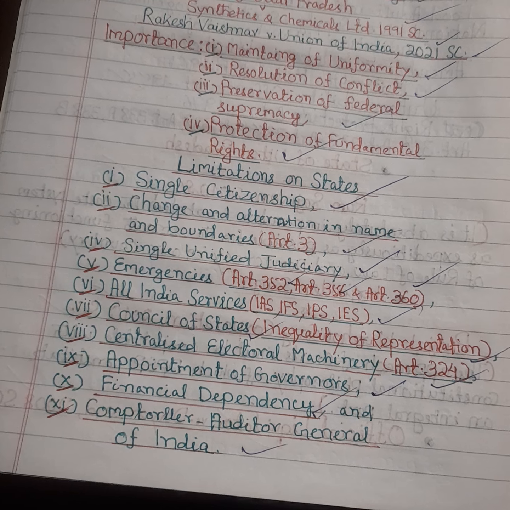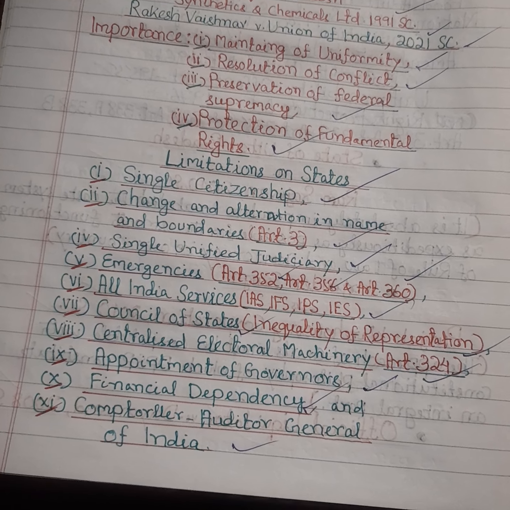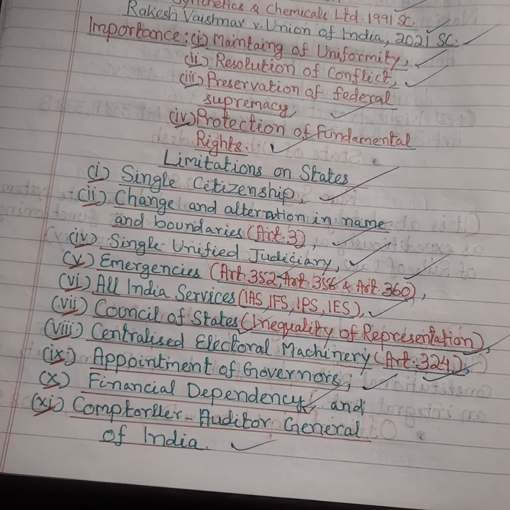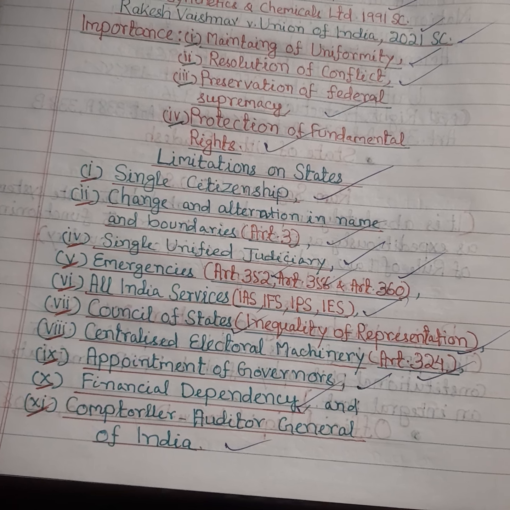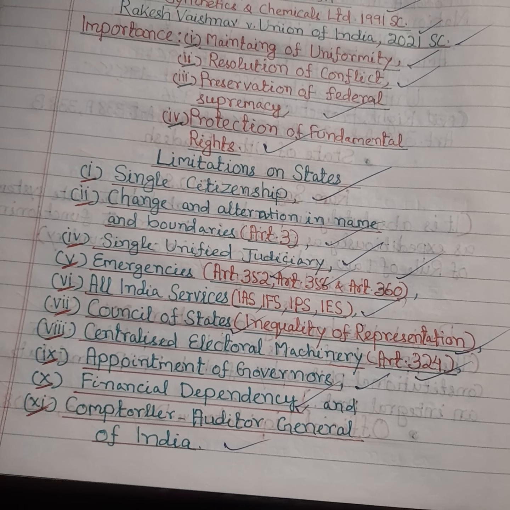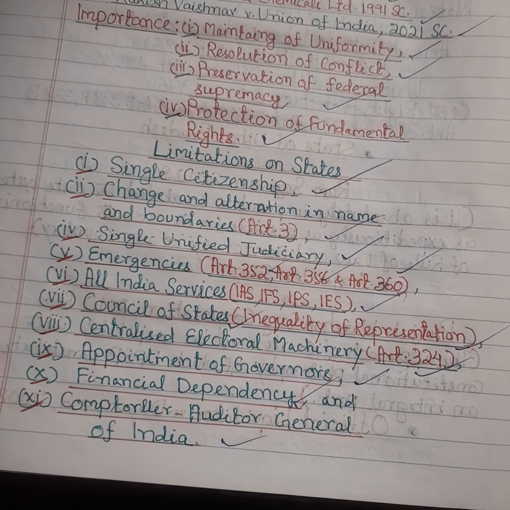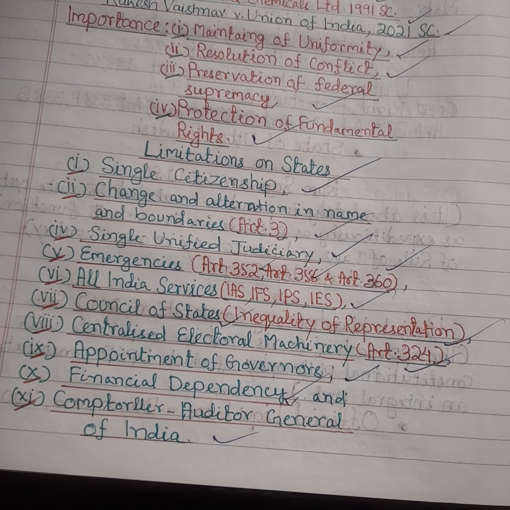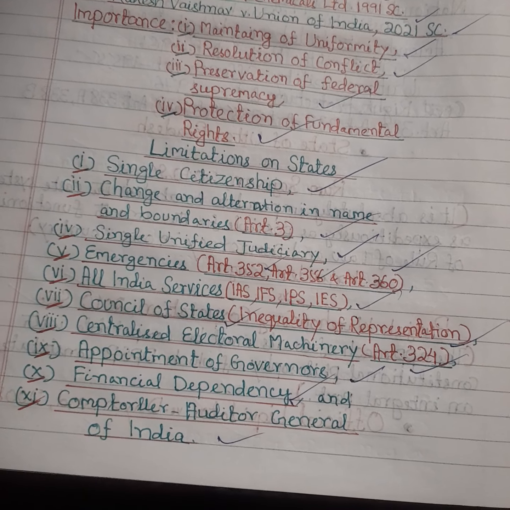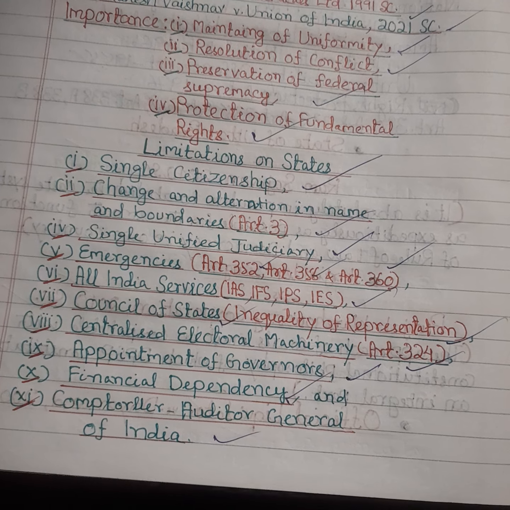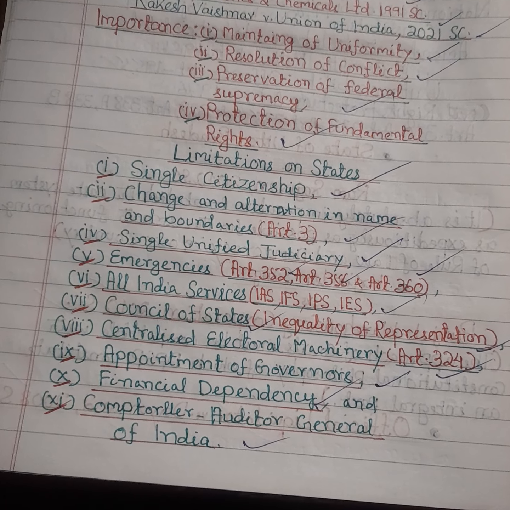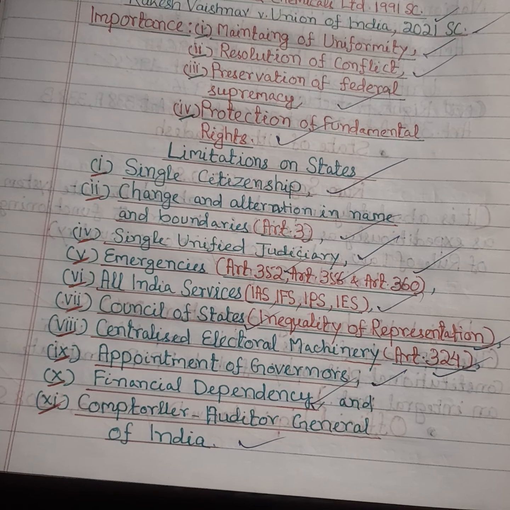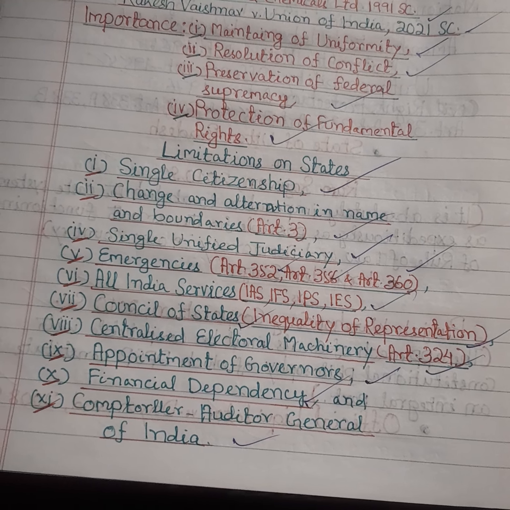The central authority, the parliament, has superseding powers when it comes to the state legislature. The same concept is applicable when it comes to the preference provided to the center under the doctrine of repugnancy.